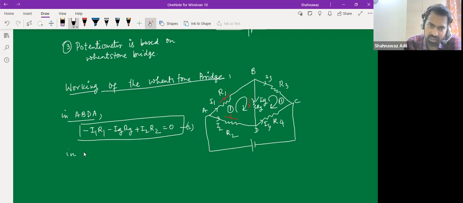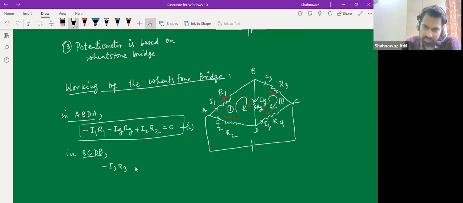In, let's say, B, C, D, B, in this loop, Mariam, tell me the voltage. Minus I3 R3, right?